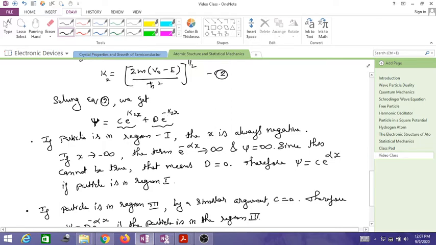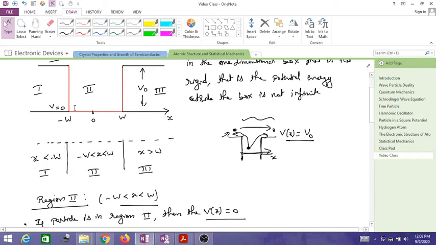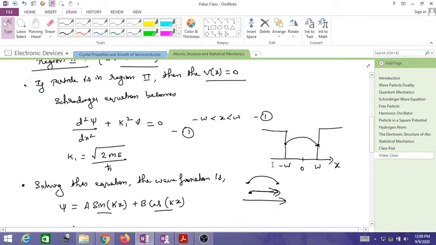Now if we assume that the particle is in region 1, what happens here? If it is in region 1, the value of x is always negative, and if the particle continues in the same direction, it may reach minus infinity.